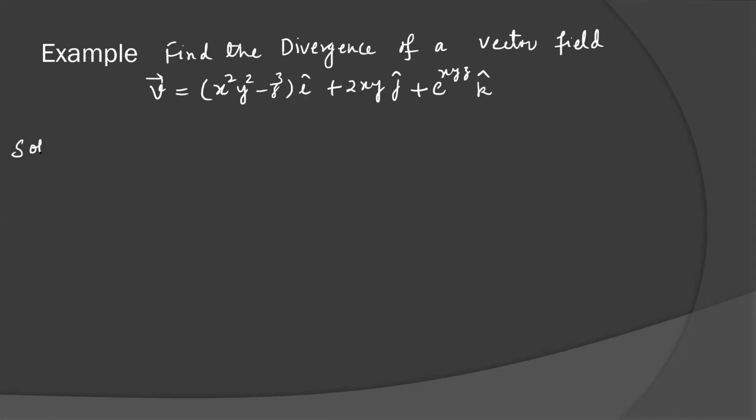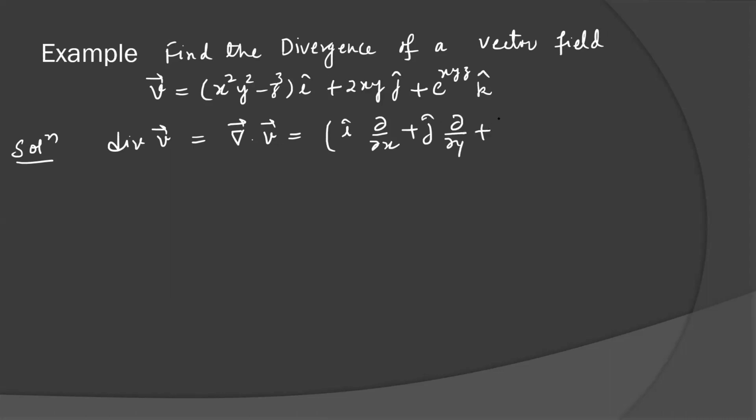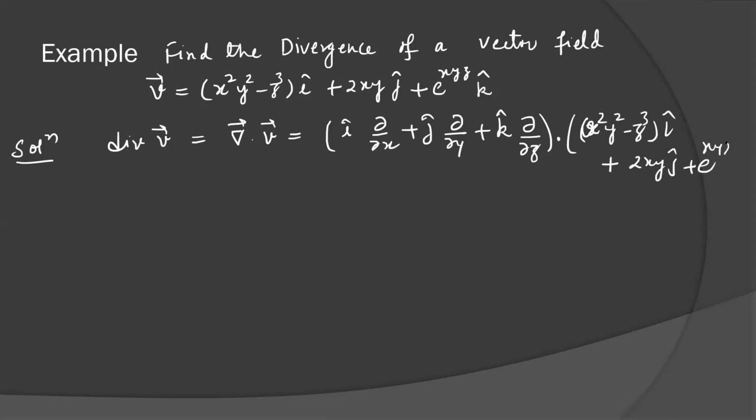Let's see the solution. Divergence of vector V is equal to del dot V, which is i del by del x plus j del by del y plus k del by del z dot the given V: x squared y squared minus z cubed i plus 2xyz j plus e to the power xyz k.